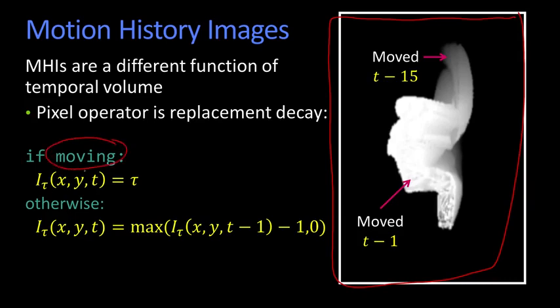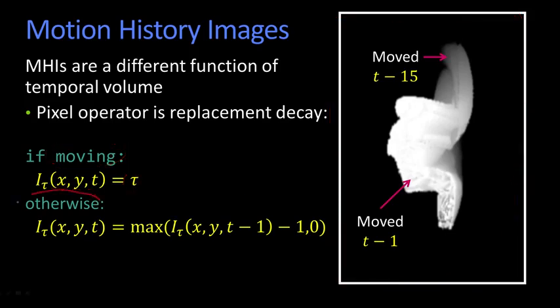If a pixel is moving, set that location at time t to some maximum value tau. And you're going to pick tau. Maybe tau is 15. I'll tell you why 15 in a minute, right? And if it's not moving, that's the otherwise, I'm just going to decrement the value from the previous time, but I don't go any less than 0.